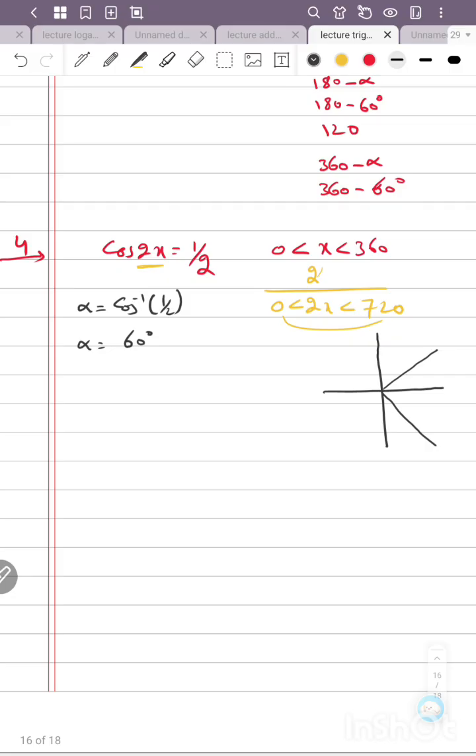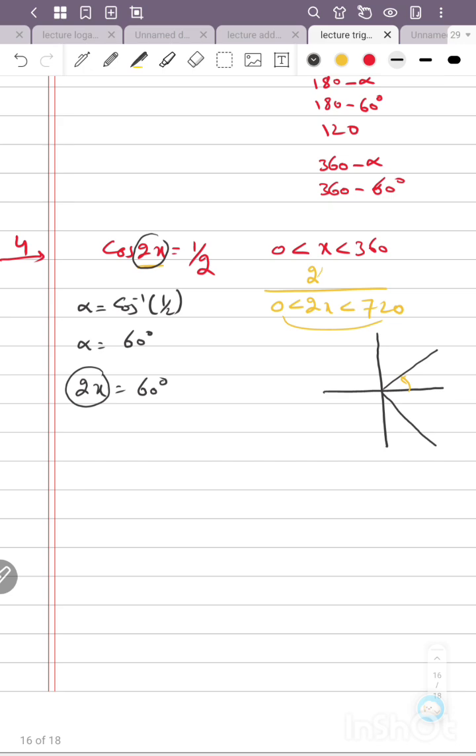Now how do we solve this question from here? If we start from here, this will be 60. Our answer is 2x, because here it is 2x, and we have to write 2x equals 60.